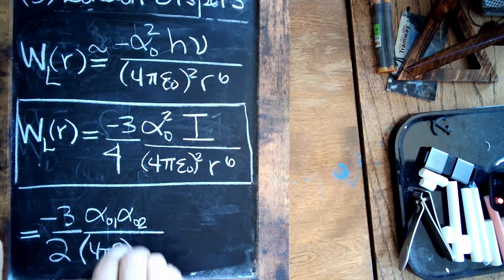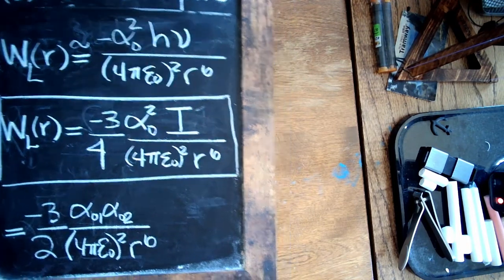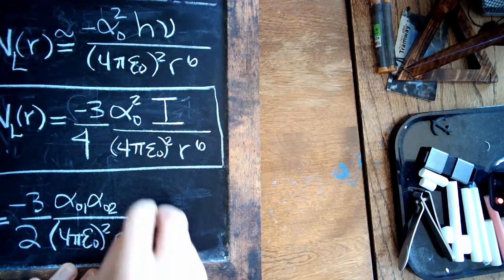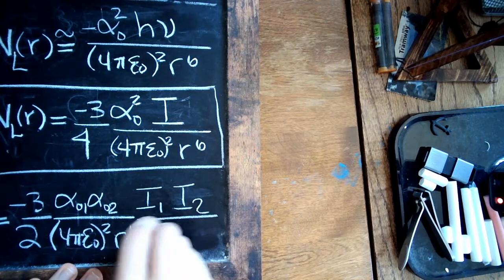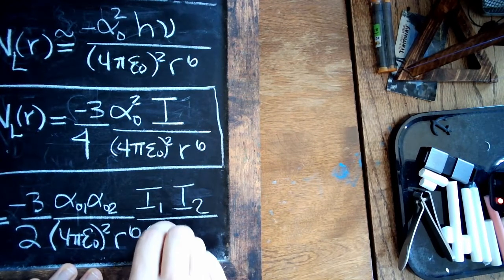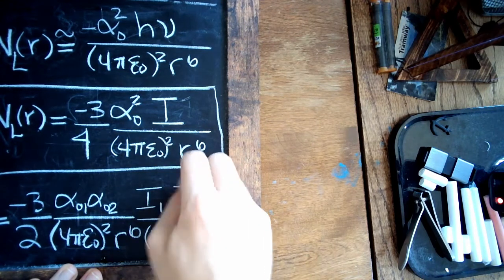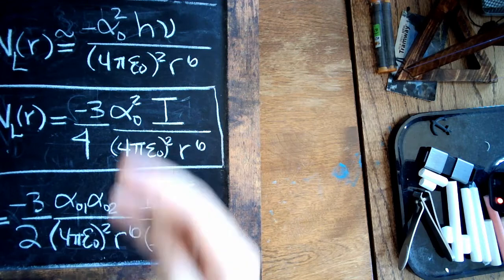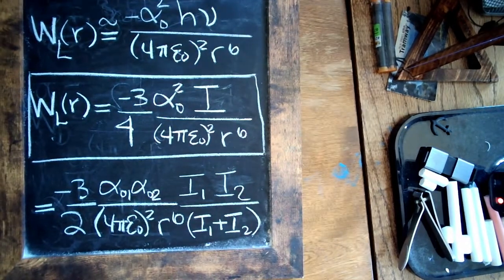We're going to have the usual constants, the same r to the 6. And now we're going to have a new expression for I that depends on the ionization energy of either of the two atoms. This is kind of like a reduced mass, if you will. So we have the product of ionization potentials on the top, the sum on the bottom. You see these are really the same, except the bottom, once again, is a little bit more general.